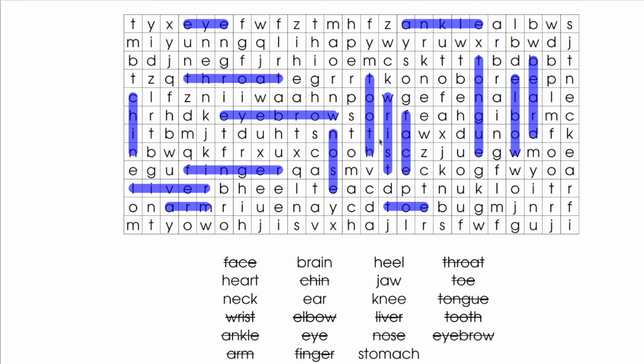So there we go. Stomach. Once you eat food, it goes into your stomach to get turned into energy we can use.